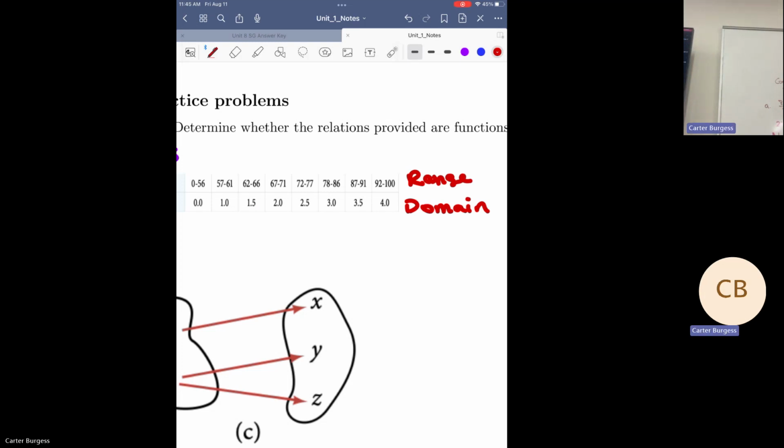Now, when we try to do this, if we take our new function and ask ourselves what is g of 1.5, can I, from that, definitively tell you what the corresponding grade was? No, definitely not, right? Is it 65? Is it 63? No idea which one it's going to be.